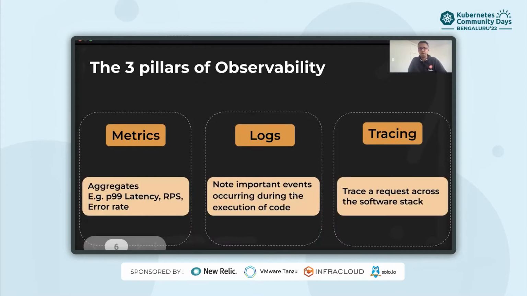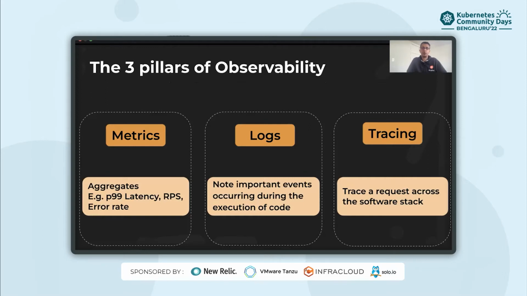If you think about it, there are primarily 3 pillars of observability. One is metrics, which are aggregates of time series data points which show how your systems are performing.